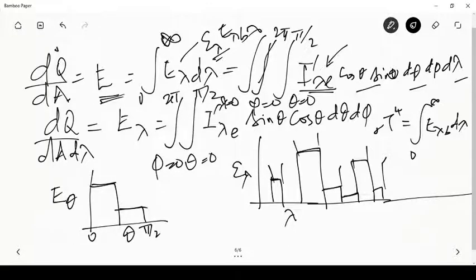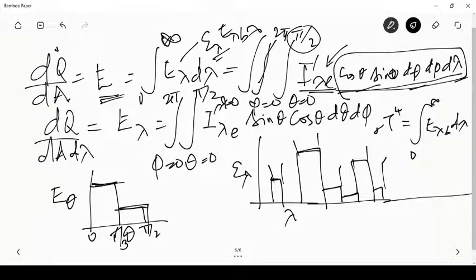So if I can write this as epsilon theta into I prime lambda e, this epsilon theta being constant helps us to bring that out, and then the integral needs to be performed over only that region. This integral can be performed not over the entire hemisphere, but over that region over which this is constant. So theta from, let's say, 0 to pi by 3 has some value, and pi by 3 to pi by 2 has another value. So this can be integrated in two segments, 0 to pi by 3 and then pi by 3 to pi by 2. Okay, so that is to take care of epsilon theta.